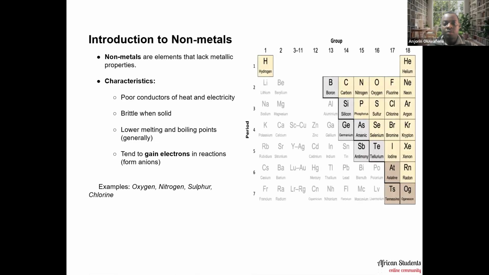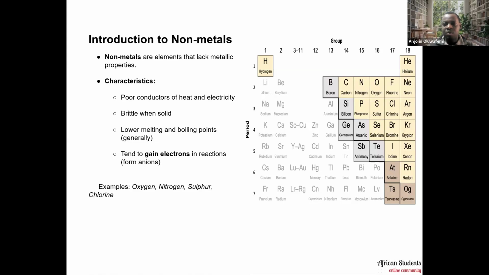If you look at the periodic table, the non-metals are the ones that are colored yellow. Hydrogen is typically called a non-metal, although it appears to be a part of the group one elements, but it is most times categorized as a non-metal. I want you to go and do some research: why is hydrogen, though it appears in the group one elements in the periodic table, still classified as a non-metal?